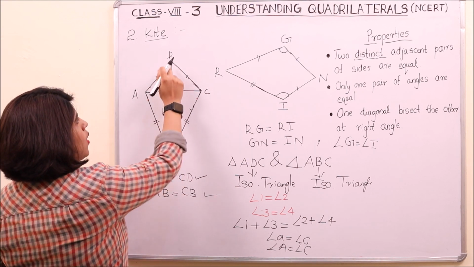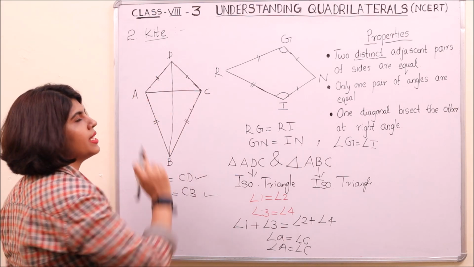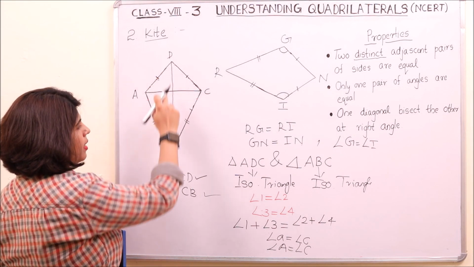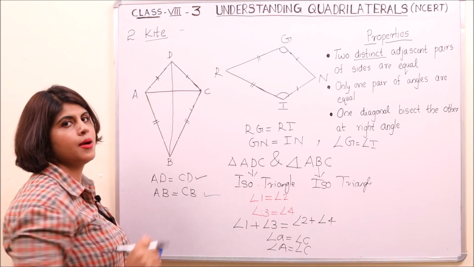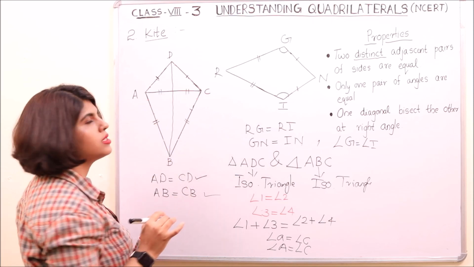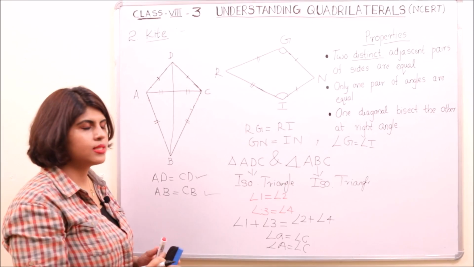Then we can say one diagonal, that is BD, bisects AC. Bisect means the diagonal BD divides the diagonal AC into two equal parts, right? These two lengths would be equal. Clear? So how can we prove this? Let's see.